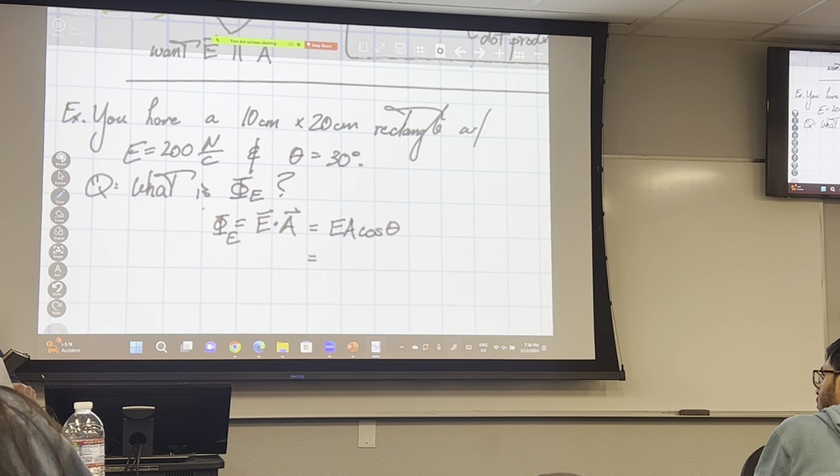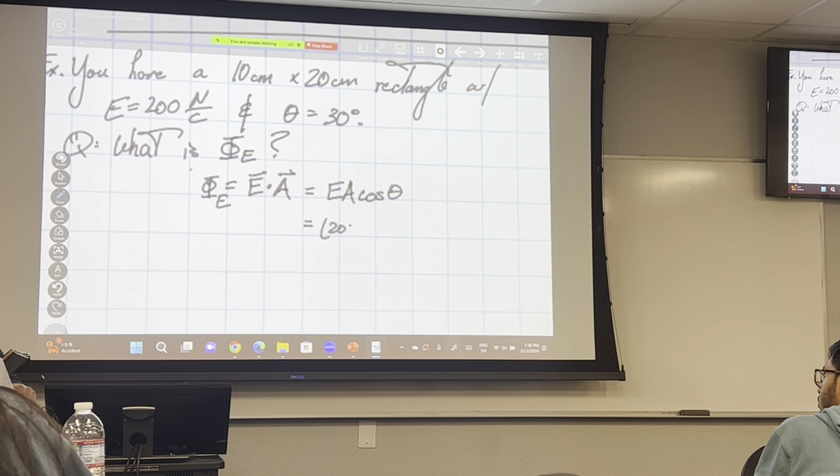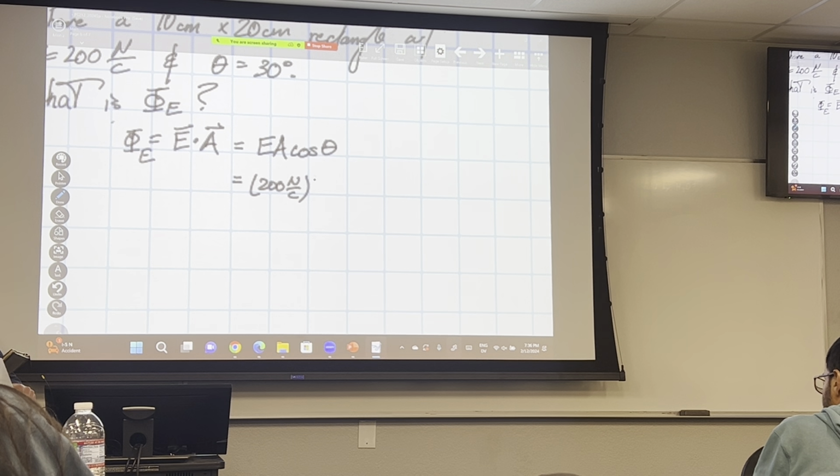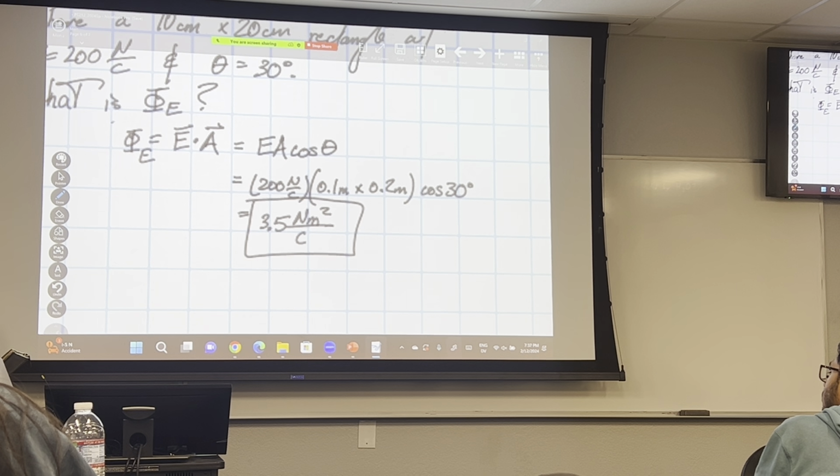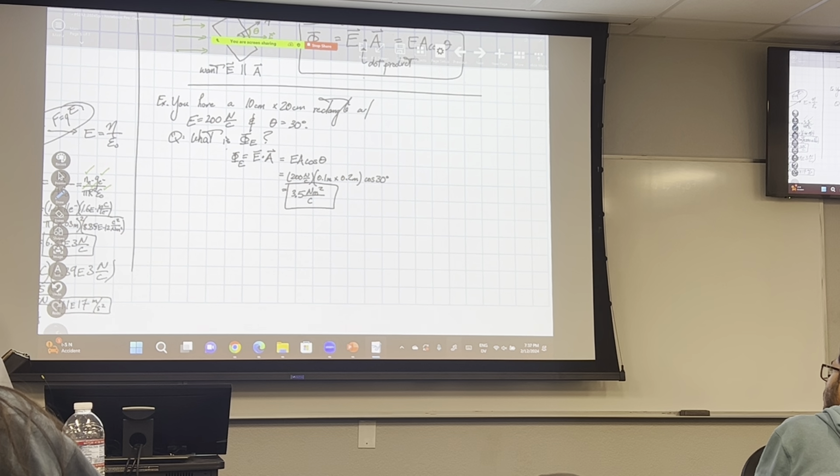Here we're given the magnitude of the electric field, which is 200 newtons per coulomb. Here we're also given the magnitude of the area, well at least the length and the side, which is going to be 0.1 meter and 0.2 meters, times the cosine of theta, and we're given the angle is 30 degrees. If you compute those, then you'll get a value in newton meter squared per coulomb. And that is the answer.